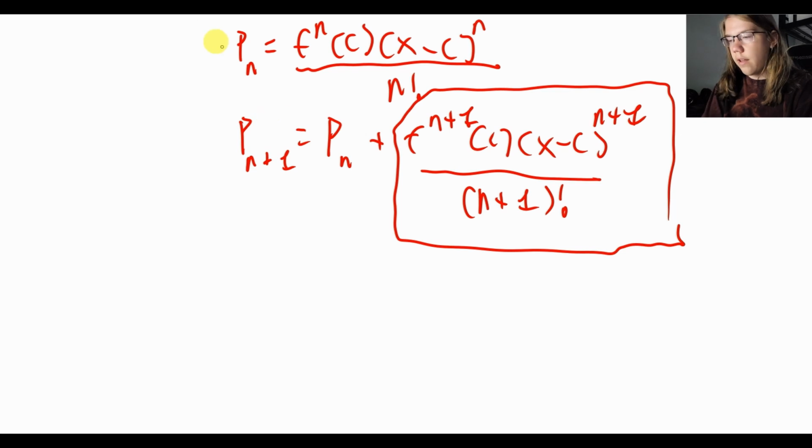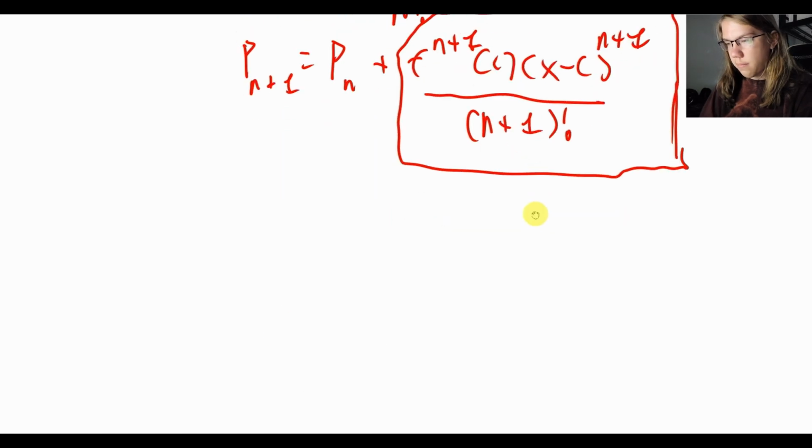Now, because this term is the only difference between p of n plus 1 and p of n, we know that the maximum possible value of this term has to be greater than or equal to the remainder we find when using p of n, because if this term was less than the remainder, then p of n plus 1 would be a worse approximation than p of n, which we know it isn't.